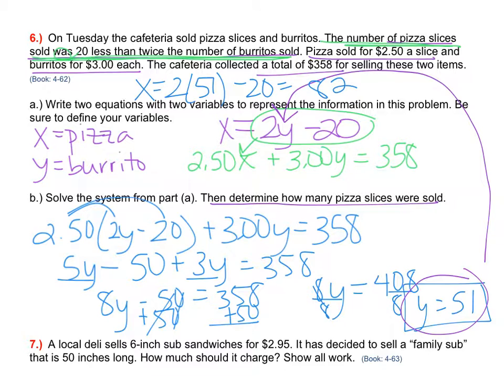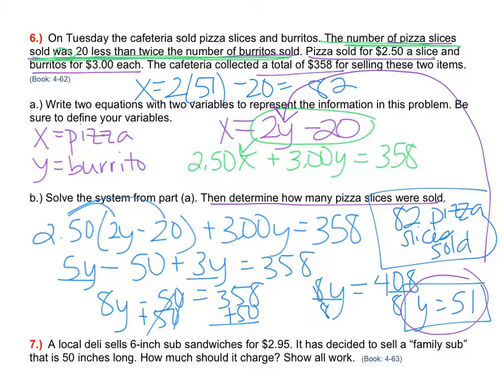Now, I've kind of run out of space, but to answer our question, we can say that there are 82 pizza slices sold. And you can always go back and check your work by plugging in 82 for x, 51 for y, and making sure that both equations work out.